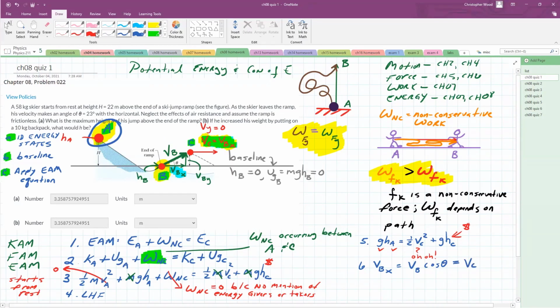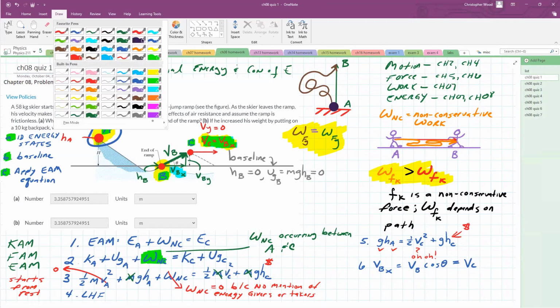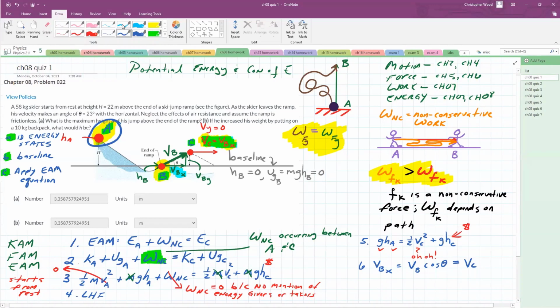For this triangle, cosine of theta is the side adjacent, which is v_Bx, over the hypotenuse, which is v_B. That's why I'm saying v_Bx equals v_B cos theta.